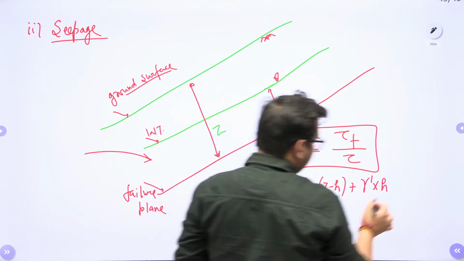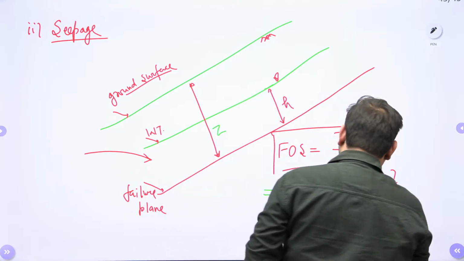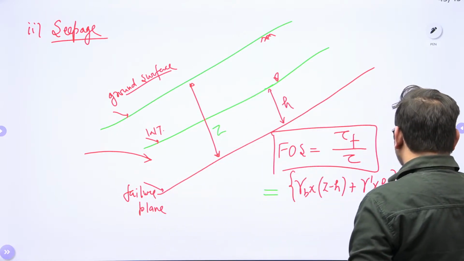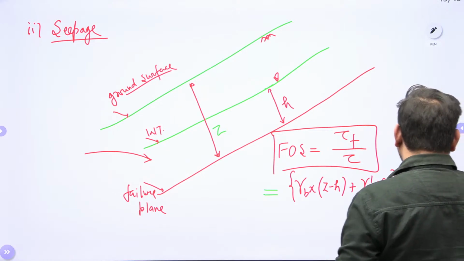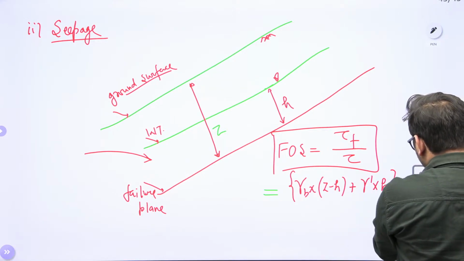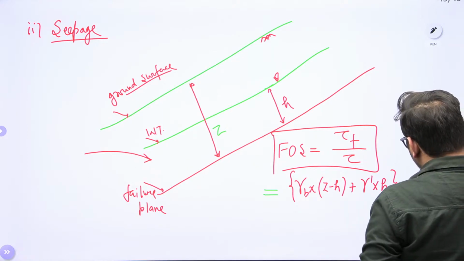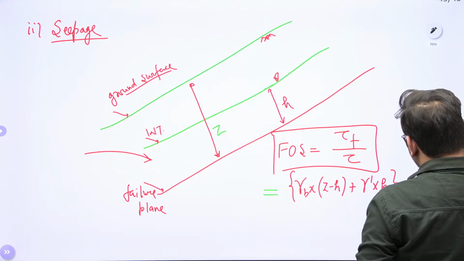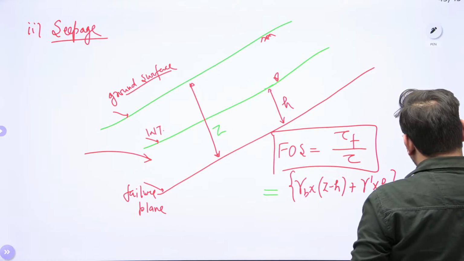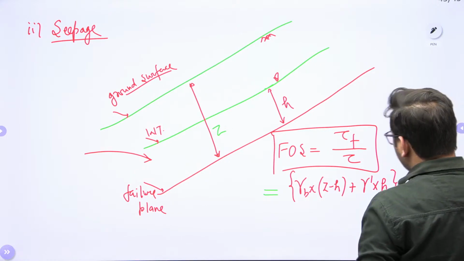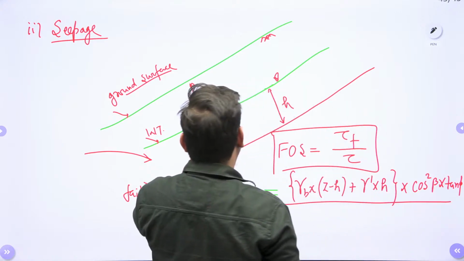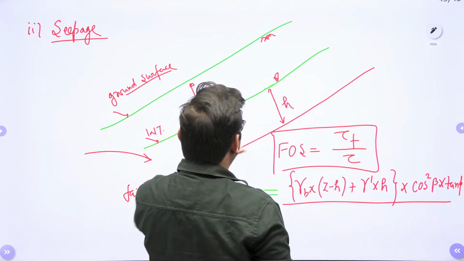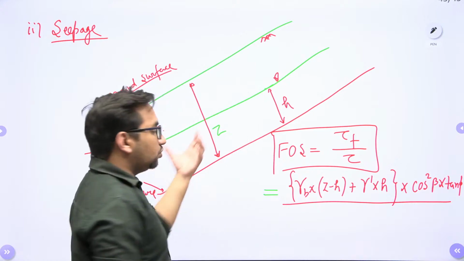This is the average gamma value, into cos square beta into tan phi, divided by, when we are taking the weight of this soil, we have to take it as saturated, as total weight.